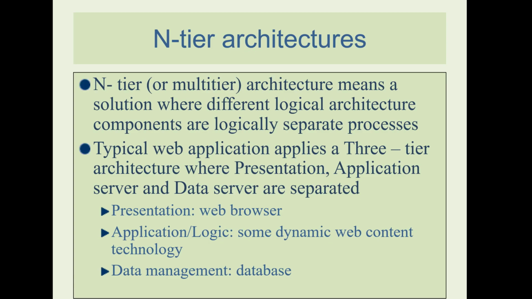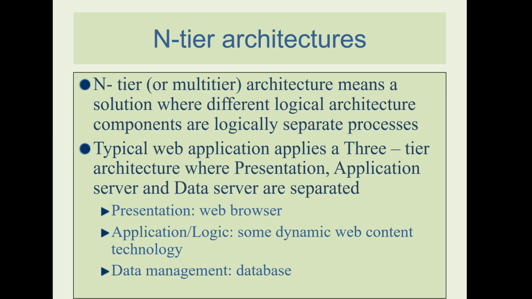So all this information that is used for creating the view for the user is the presentation tier. And then we have the application tier or the logic tier. And this is the so-called back-end part of the application. So it is some dynamic web content technology, which means some software that is able to construct the information that is being sent to the client computer.